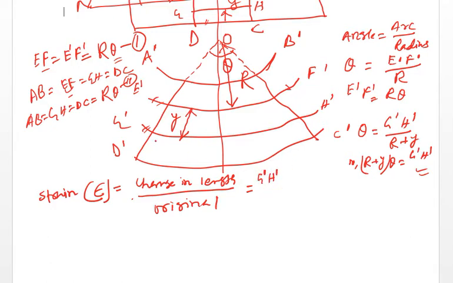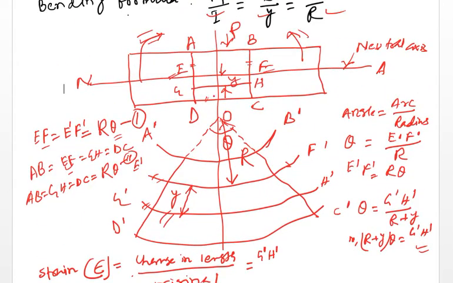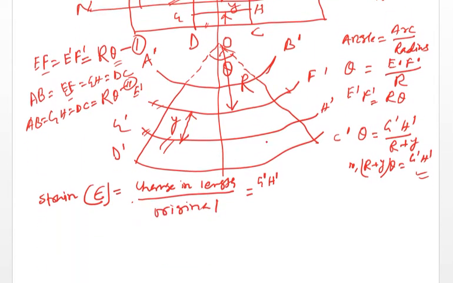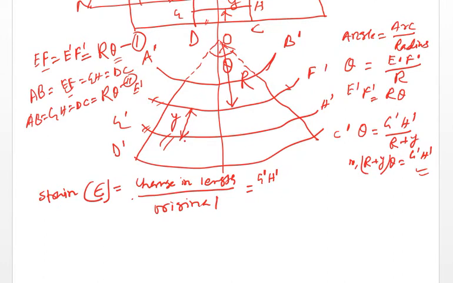After stretching it is G'H', and this G'H' will be longer than the earlier GH, because it gets elongated. So G'H' is the final length of the fiber GH. So G'H' minus the original length, that is GH, upon the original length, which is also GH, correct?